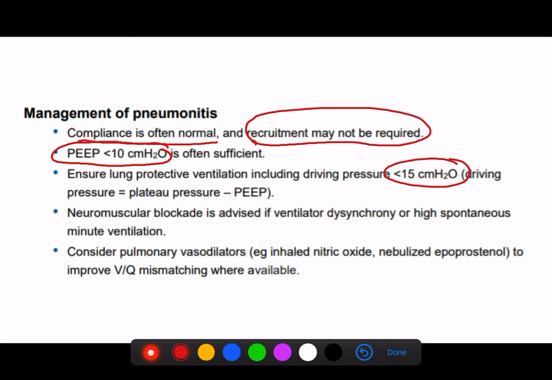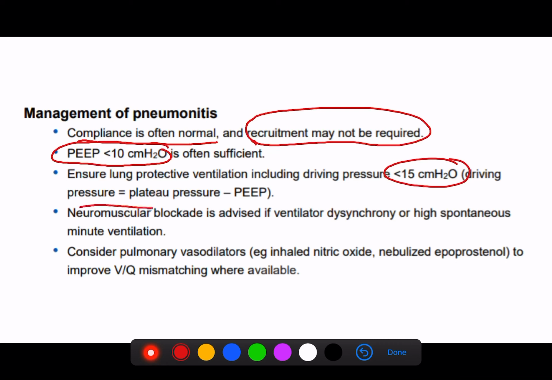So for example, if you've got a PEEP of 5, the maximum P high or plateau pressure that you should be aiming for in these patients is 20. And so 20 minus 5 would be 15. So always be careful if you're using a P high or the PINSP that's higher than 15 above the PEEP.